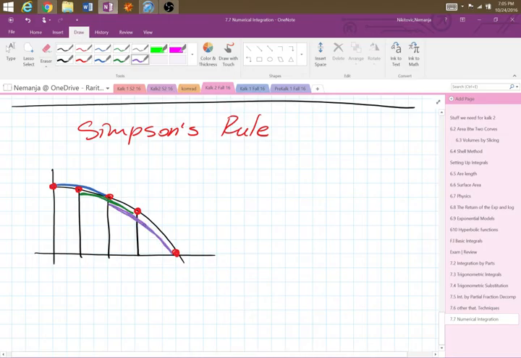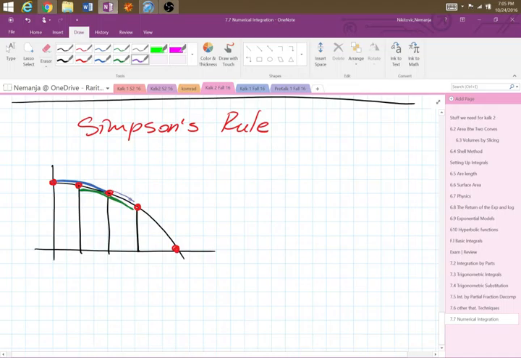Now, I did not draw this arch over the black line. I just kind of wanted you to see. I'm going to go with the purple one on top, like this. So this is what Simpson's rule does.